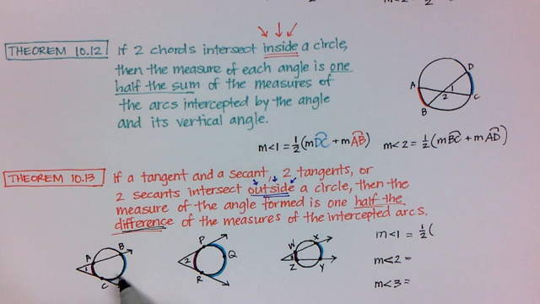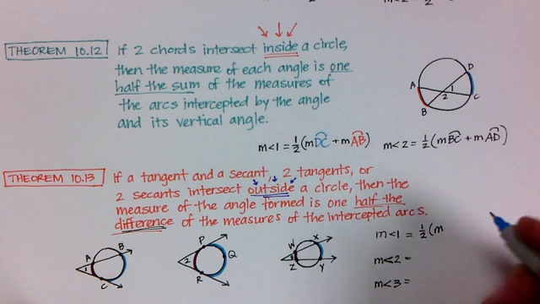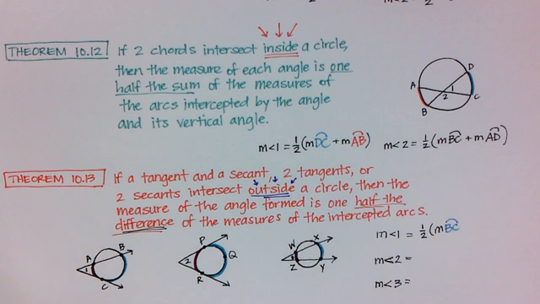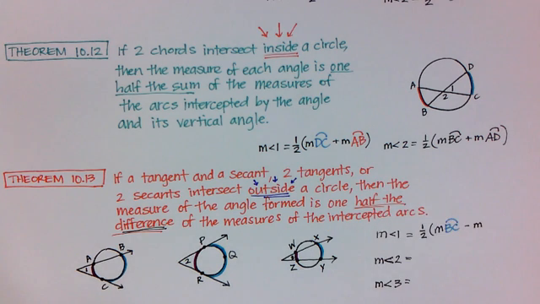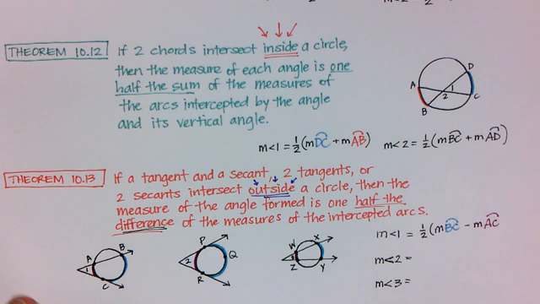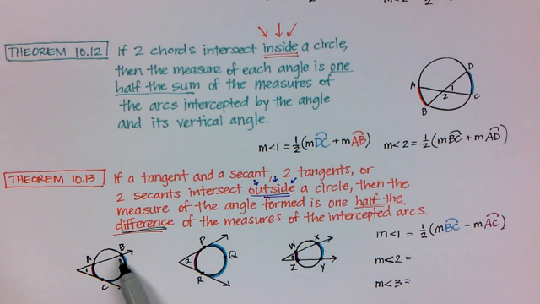So it's going to be the measure of BC, the bigger arc, minus the measure of the inner one, which is AC. Okay, so 1/2 the difference of BC minus AC.